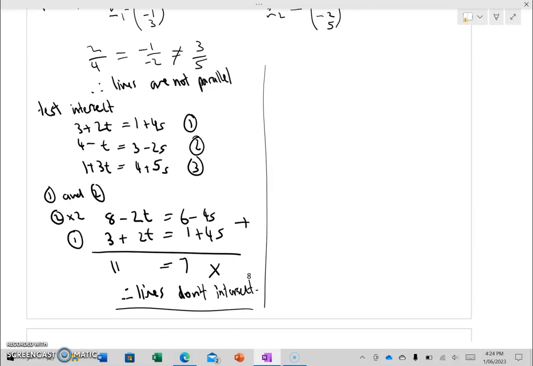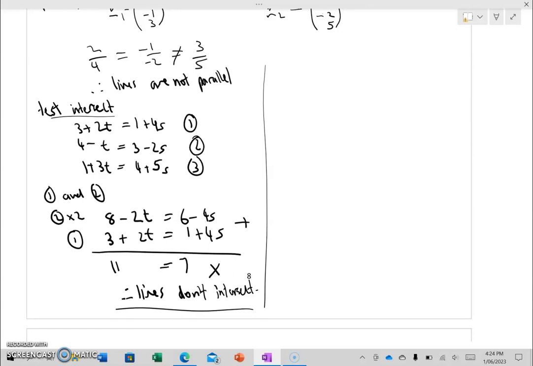You could have picked a different pair. You might have got an answer with 2 and 3, but then you would sub into 1. It wouldn't work. So anyway, we get something that doesn't work. It isn't consistent among the 3 equations for s and t. So therefore, they don't intersect.